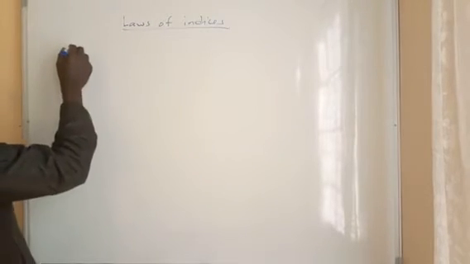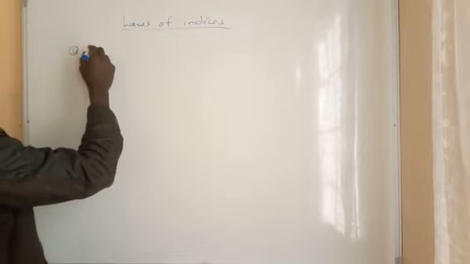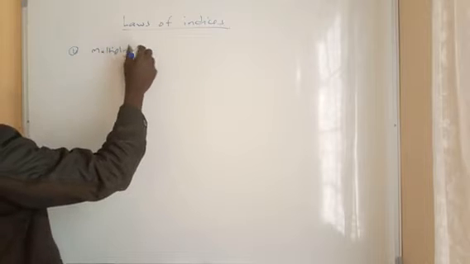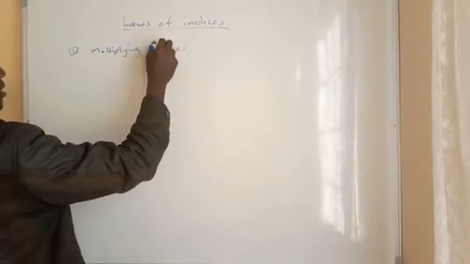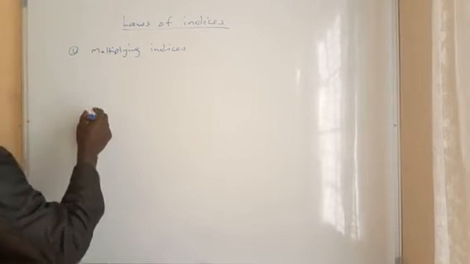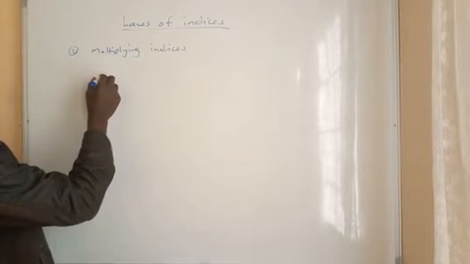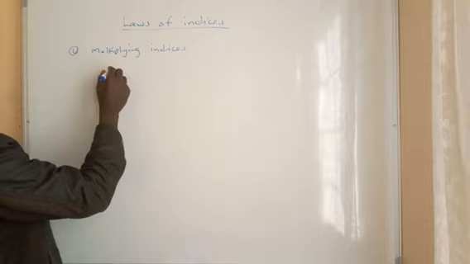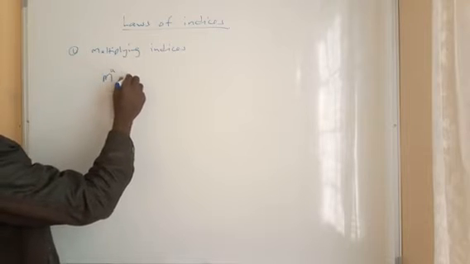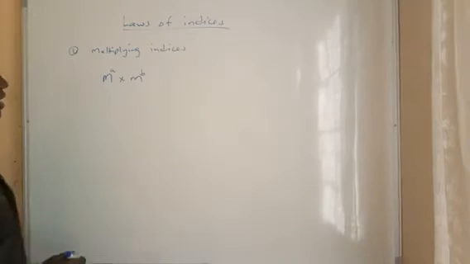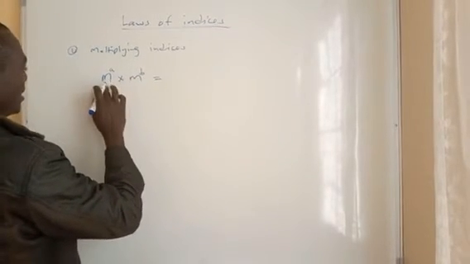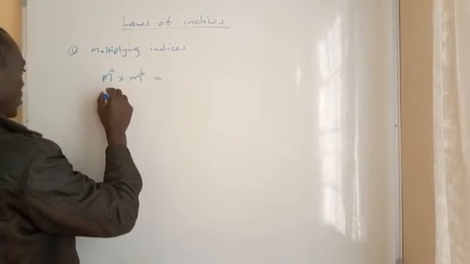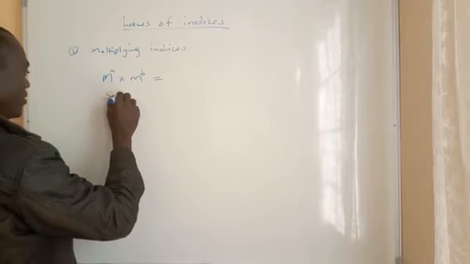Law number 1 is the multiplying law, that is multiplying indices. It says, if I have, for example, m power a times m power b, then if the bases are the same, this is m and m, base m, the law applies only if we have the same base.